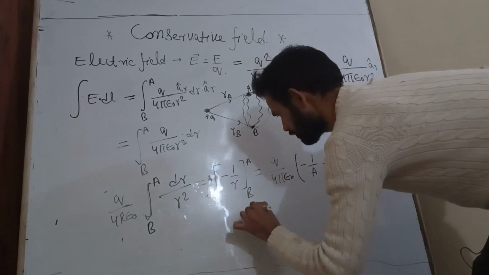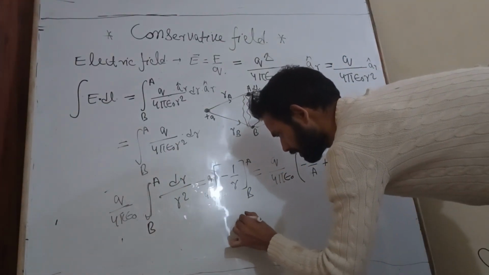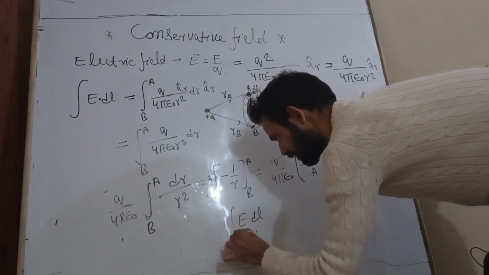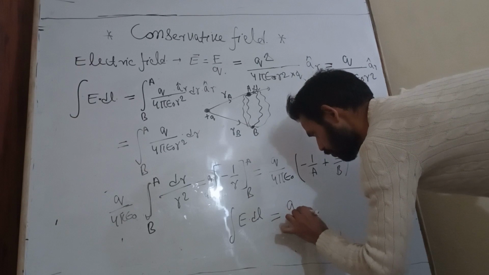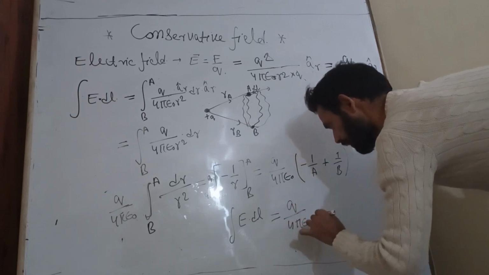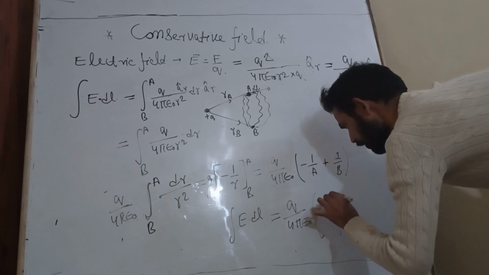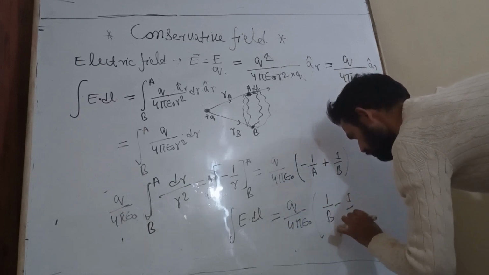So the integral of E vector dot dl is equal to q by 4 pi epsilon times 1 by b minus 1 by a.